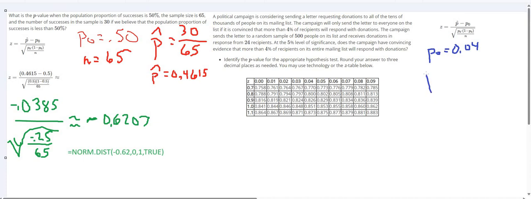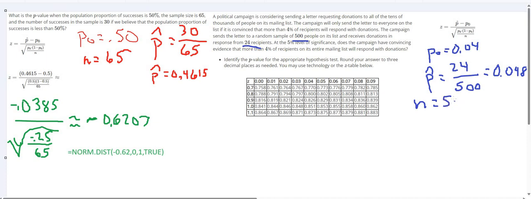Our p hat is, we received 24 recipients out of 500, so we're going to do 24 divided by 500. Sorry about the writing there. Let's try that again. And that's going to equal 0.048. And of course, our n is 500, so we have all the listed values.